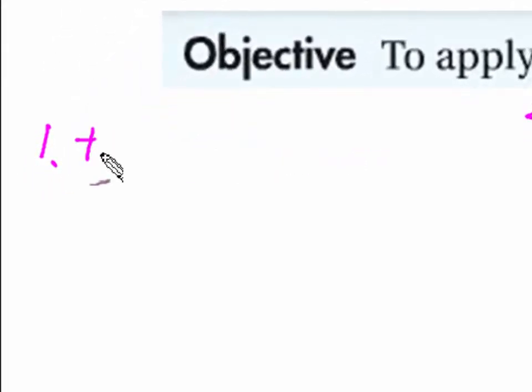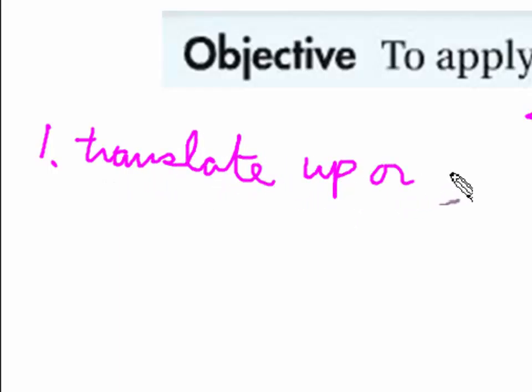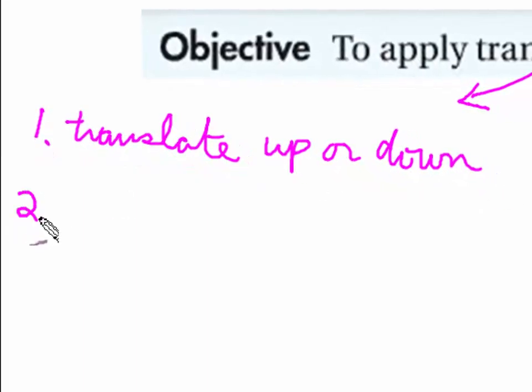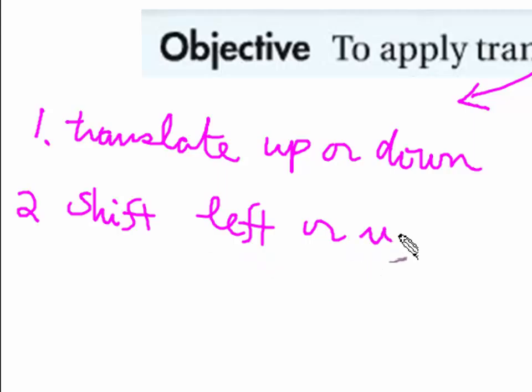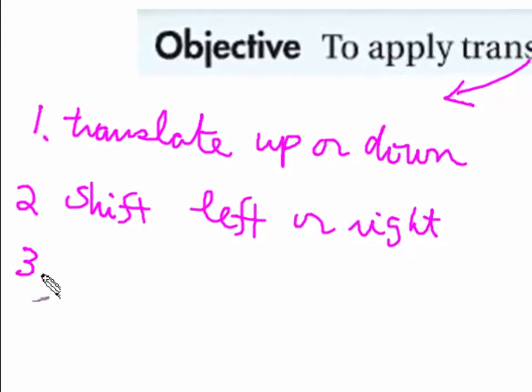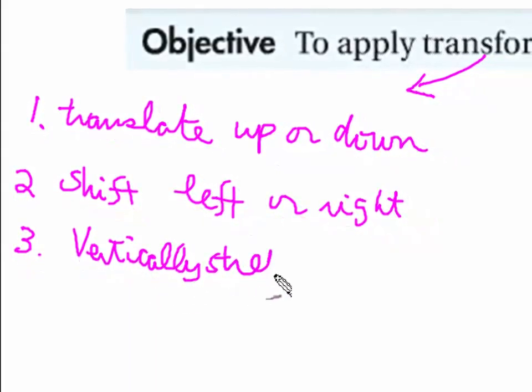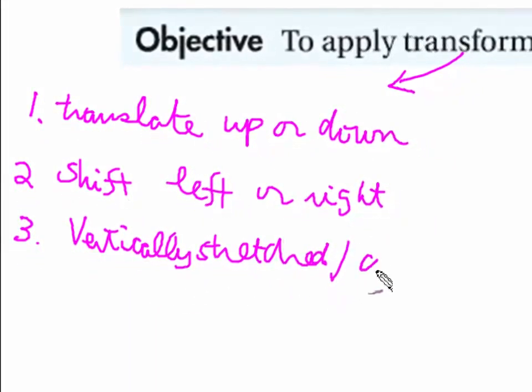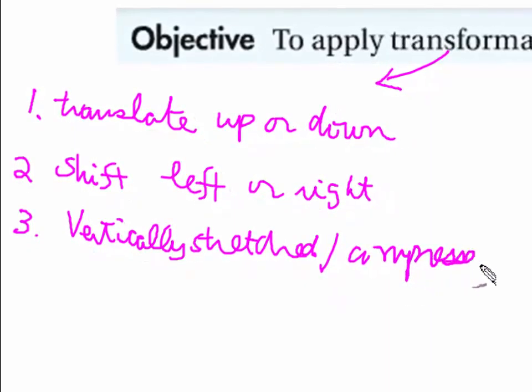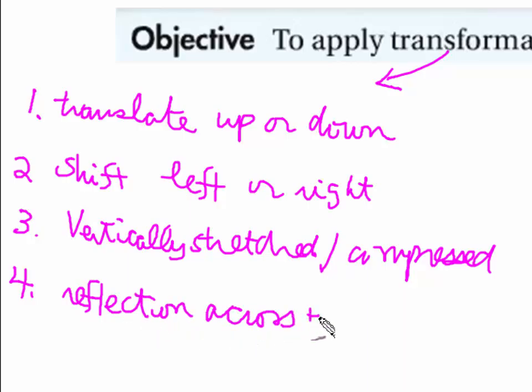The first one, we have translate up or down, and then we have shift to the left or right, and then we have vertically stretched or compressed, and the last one we have the reflection across the x-axis.